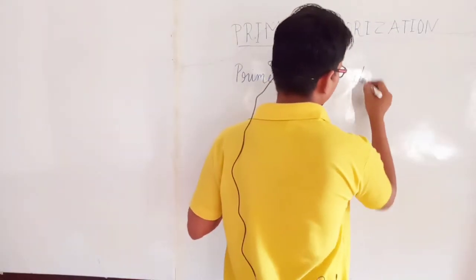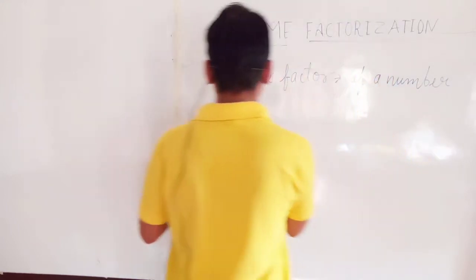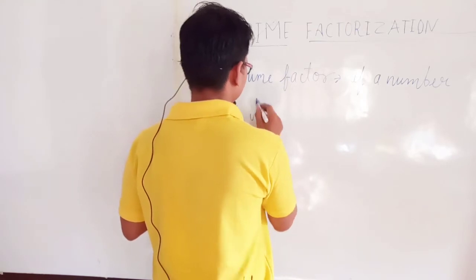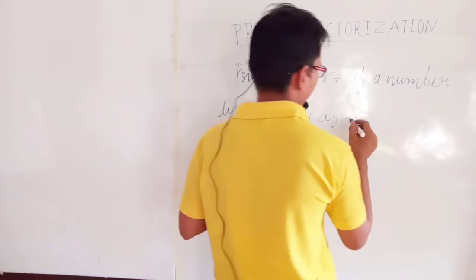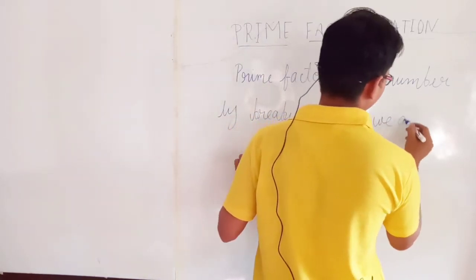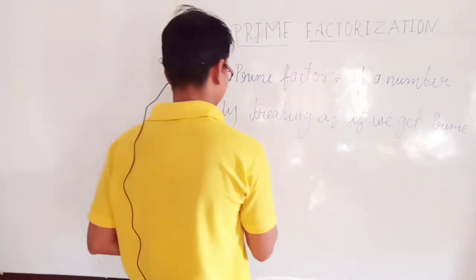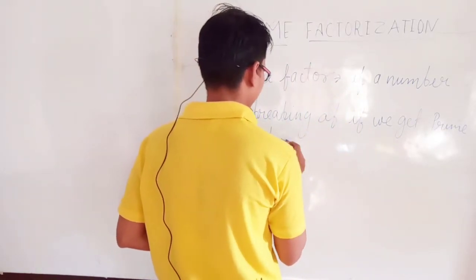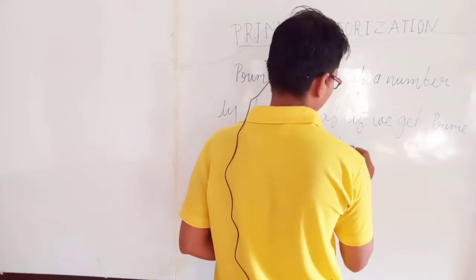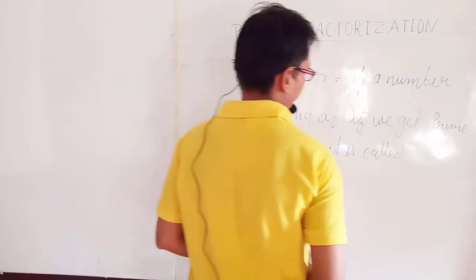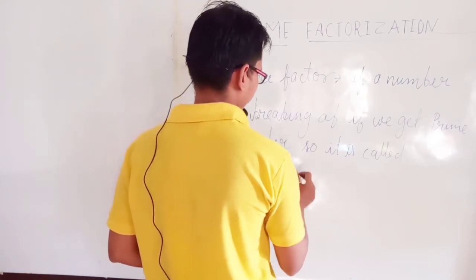If a number, by breaking, gives us prime numbers, it is called prime factorization, or prime factor.